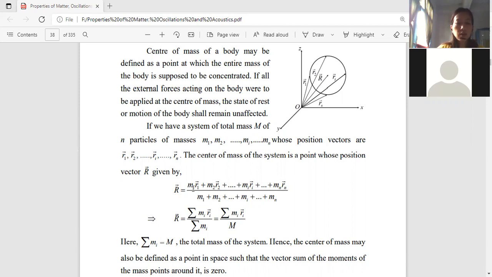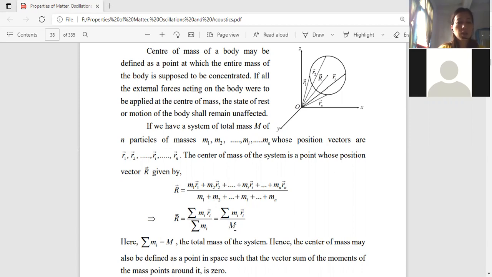So we can write M1 R1 up to Mn Rn terms as the summation of Mi Ri, where i goes from 1 to n terms. Likewise, the denominator also can be written in this form, like the summation of Mi.